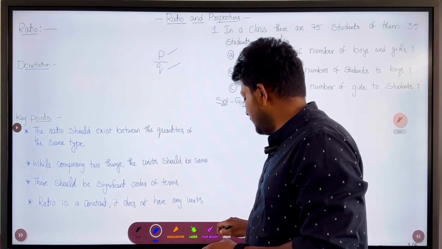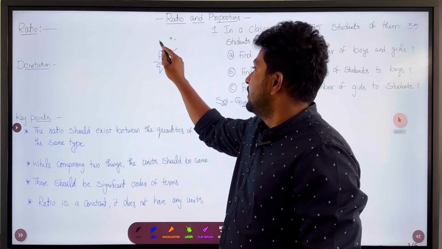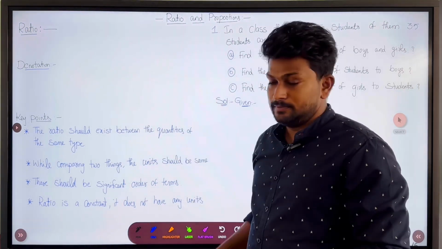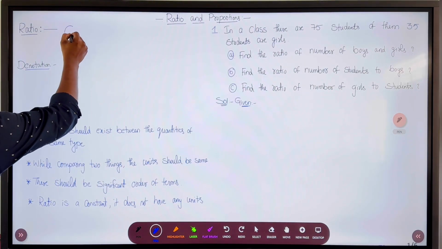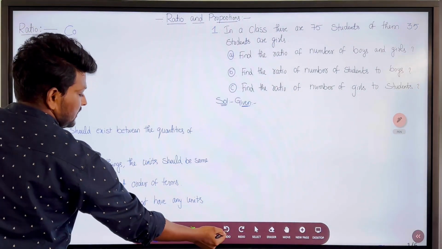Let us see. So I will give the definition of ratio. Ratio means comparison. So ratio is a tool.